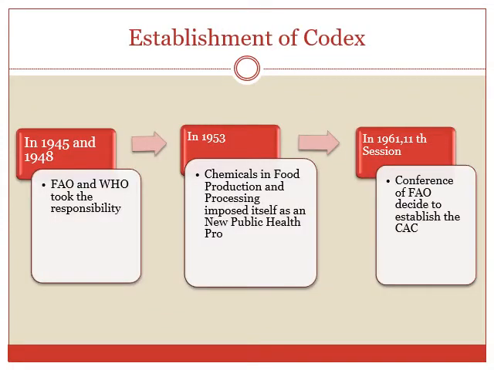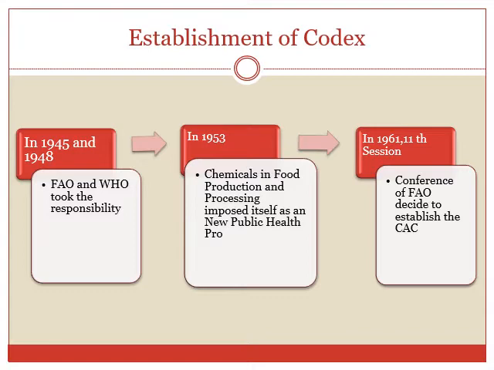In this slide, we're going to see about the establishment of Codex. With the founding of the FAO in 1945 and WHO in 1948, they both took the responsibility of covering food and health related issues in the light of international food standards.